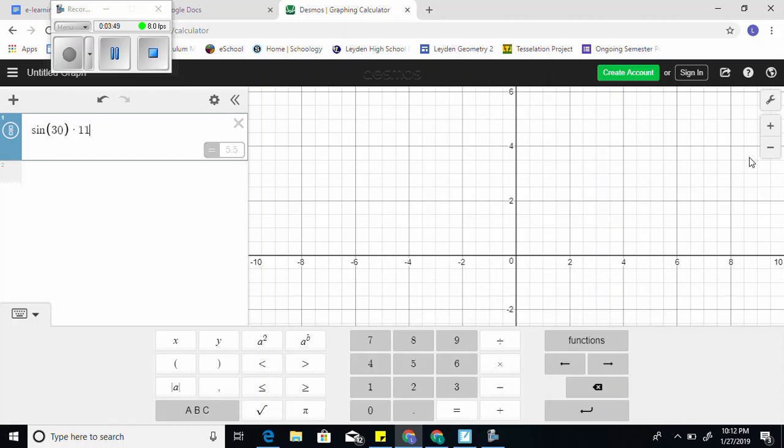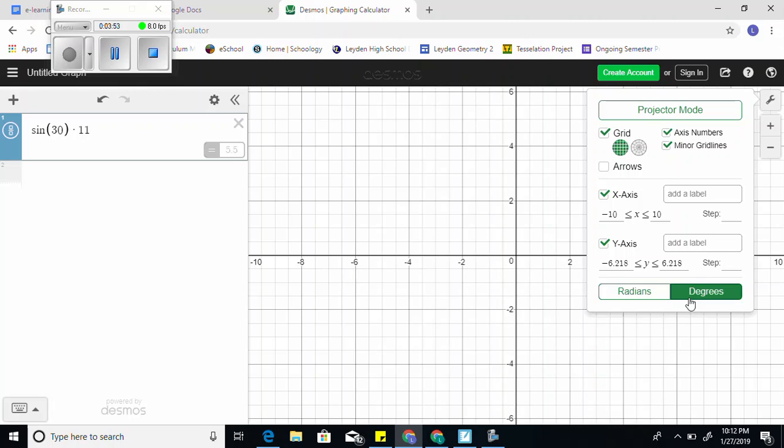Now, I already went to my wrench before this, and I made sure to go to degrees. Make sure, normally you start at radians. If you get a negative number, you should know that that's not correct, because distance, length, cannot be a negative number. So you need to change this to degrees, and you'll get 5.5.